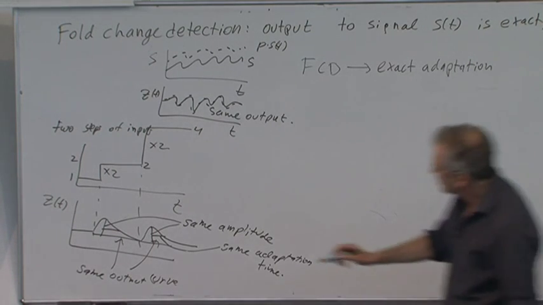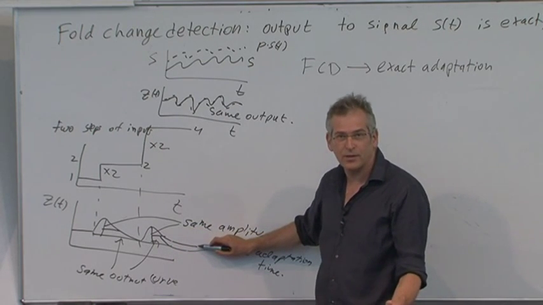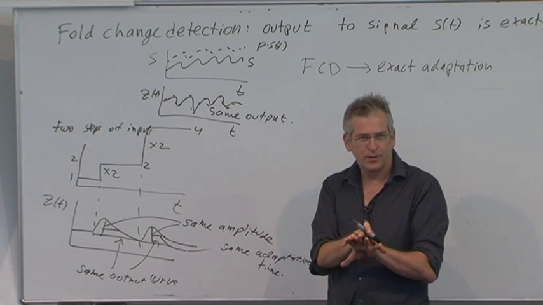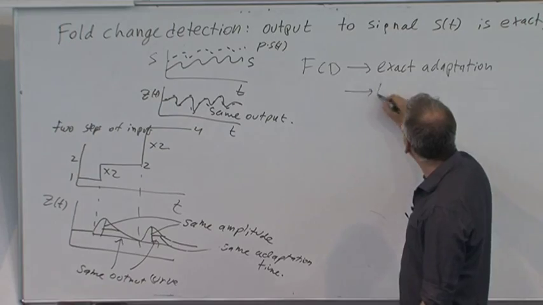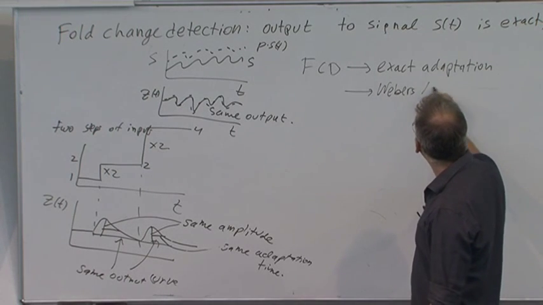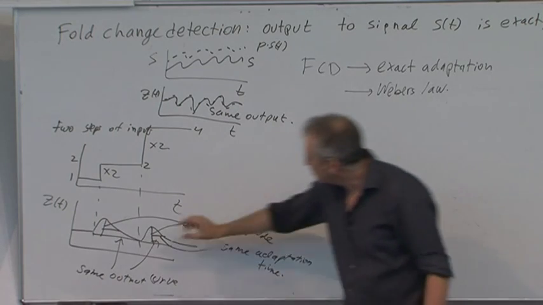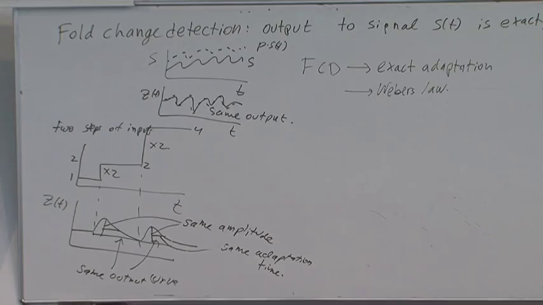Because if I had a curve like this that goes to the same steady state, that has exact adaptation, but it's not fold change detection because the two curves are not superimposable. So fold change detection means Weber's law that I mentioned earlier, but not the other way around, because Weber's law only talks about the maximum amplitude and not about the total shape of the curve.